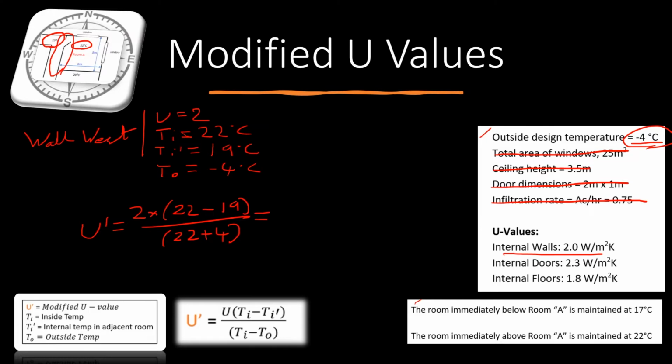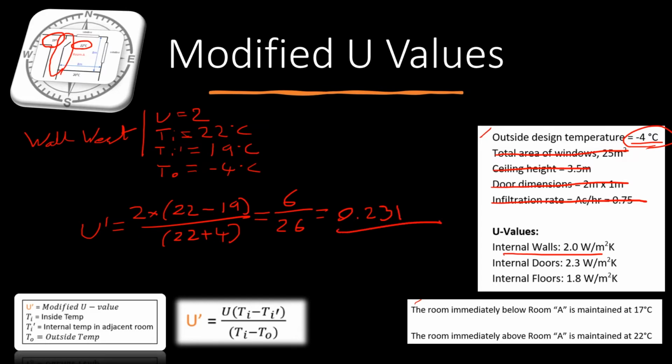So 22 minus 19 is going to be 3, times 2 is going to give us 6, divided by 22 plus 4 is 26. If I punch that into my calculator, 6 divided by 26 gives me 3/13, or 0.231.